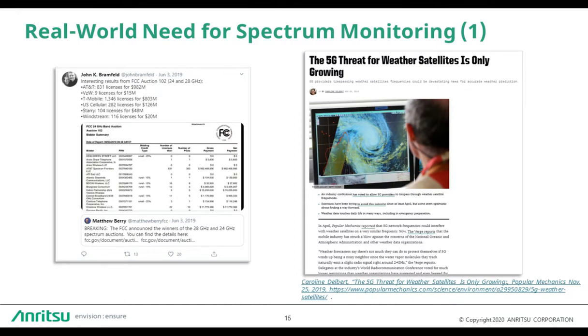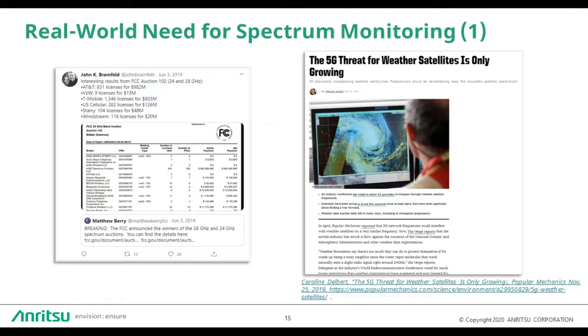And then another example, going to spectrum monitoring. Recently, it's been announced that there have been auctions on the 24 gigahertz band for 5G. A lot of my examples are 5G focused, and that has a lot to do with the fact that a lot of the movement in spectrum over the last couple of years has been for changes in 5G and reallocation of spectrum.